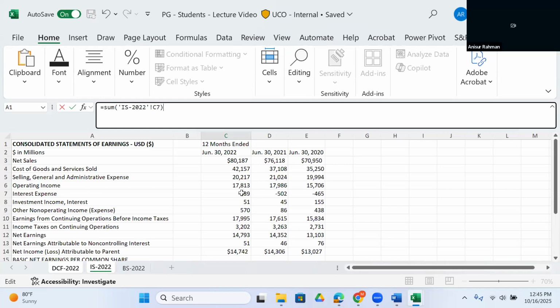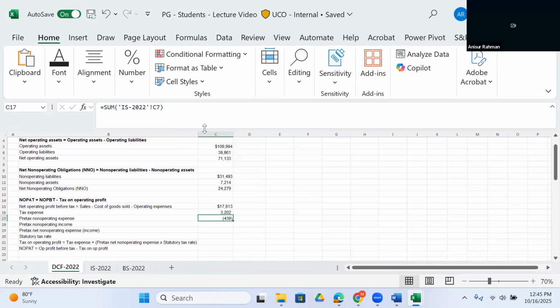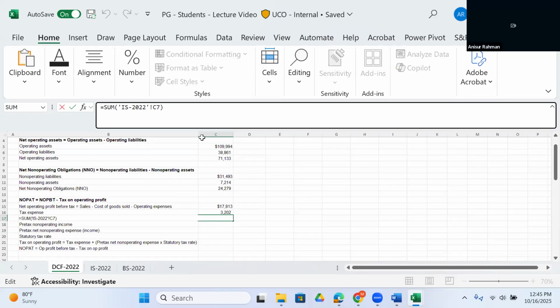To avoid this kind of complexity, I'm going to take the absolute value, removing the negative sign of this number. In Excel, you can use the function called ABS, which returns the absolute value of a number. If it is negative, it will make it positive.